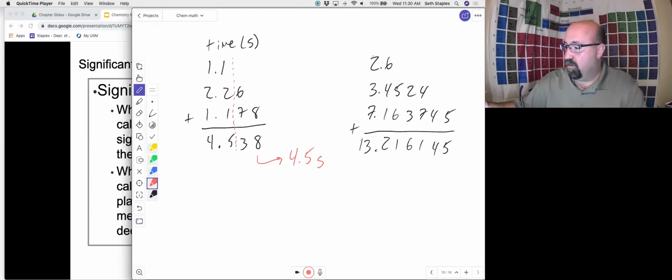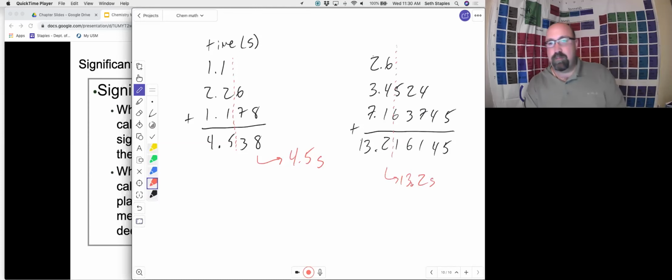Again, since we're adding and subtracting, we're going to round this to 13.2. So adding and subtracting, we look to the least number of places past the decimal point, and that's where our answer is going to go.